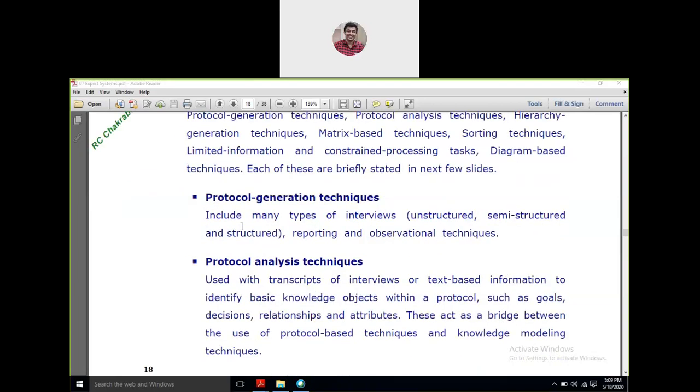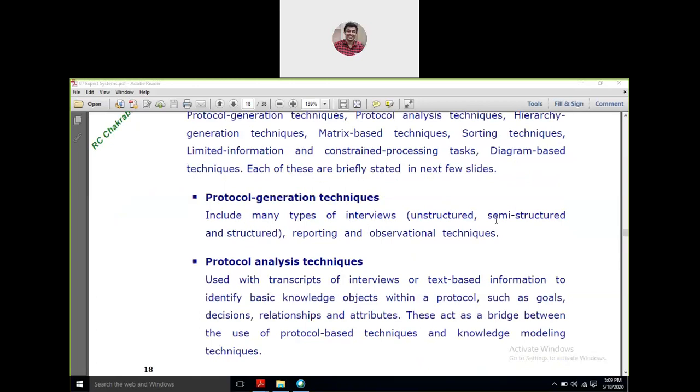What is this protocol generation technique? Whenever you are taking an interview or interacting with a particular expert for knowledge acquisition, there are ways by which you can acquire that knowledge. That knowledge can initially be in unstructured, semi-structured, or structured form, and there are reporting and observational techniques adopted in these kinds of processes.